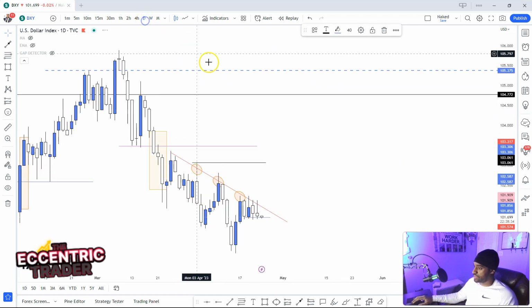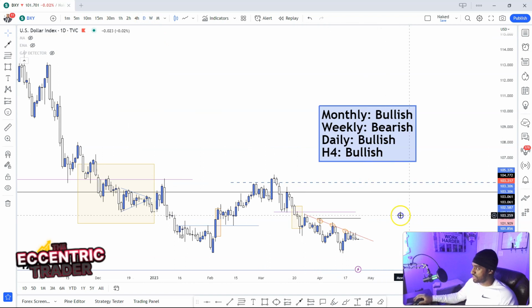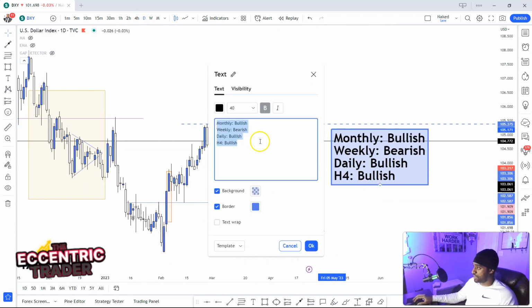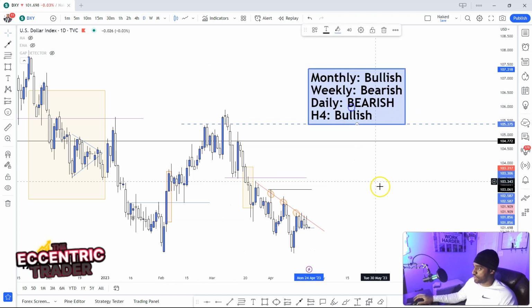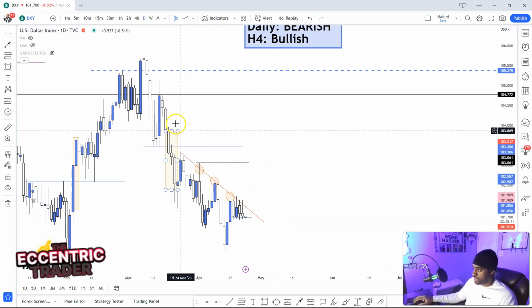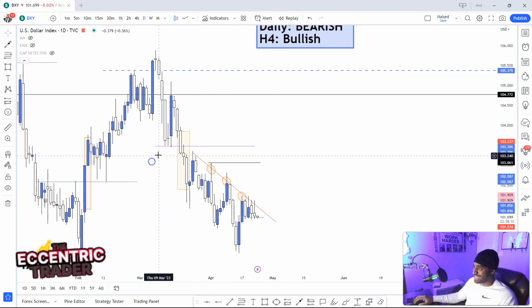All right, let's go to the daily. Daily time frame, bearish. The last low that was broken was right here. We marked it off with this purple line, and then we marked off the candles that broke it. 1, 2, 3. Clean break.